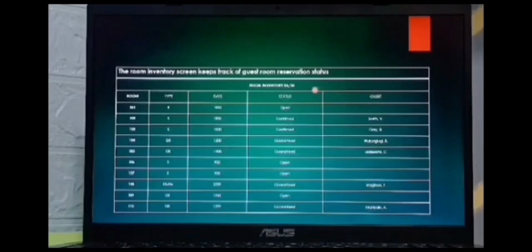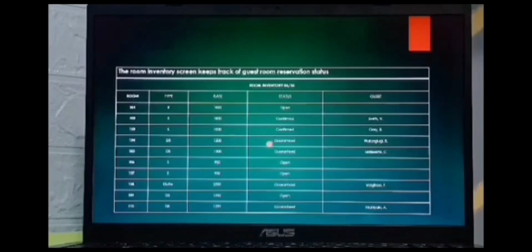Of course, the status ng room, kung may vacant or hindi na available yung room. So, yan. As you can see, here open, so that is vacant room, and confirmed, confirmed na si guest ay tutuloy o pupunta sa hotel.